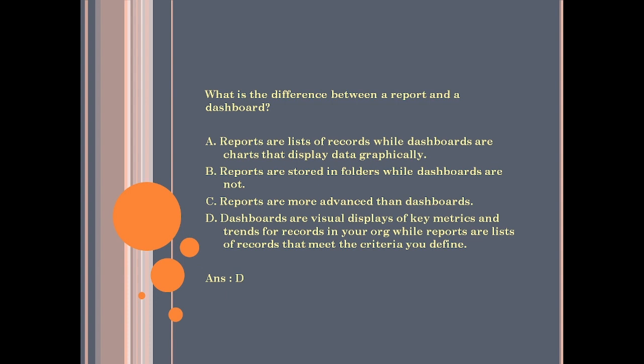The answer should be either A or D. But A is almost similar, though the visual representation is missing in the first option. And without the report, we cannot create a dashboard. So finally we conclude the answer: dashboards are a visual display of key metrics and trends for the records in your org, while reports are lists of records that meet the criteria you define.